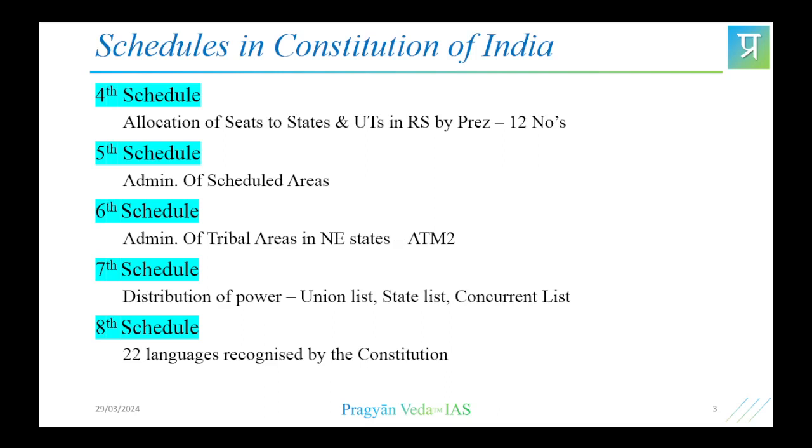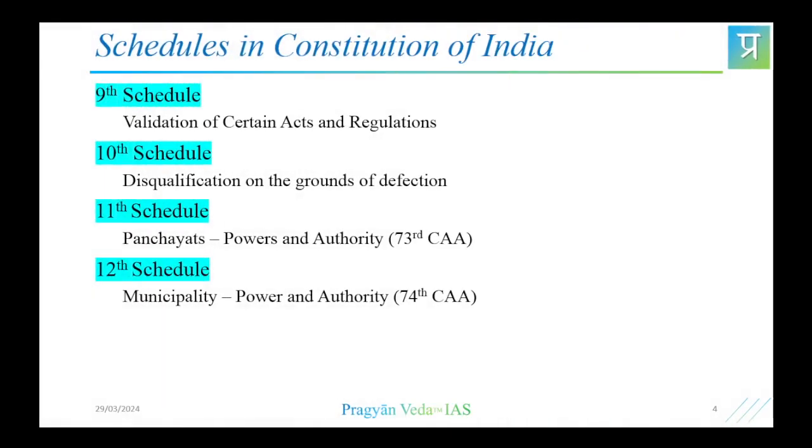Even some awards like the Jnanpith awards are all constituted around these 8th schedule languages to give recognition to some exceptional people and further the growth of these languages, right?